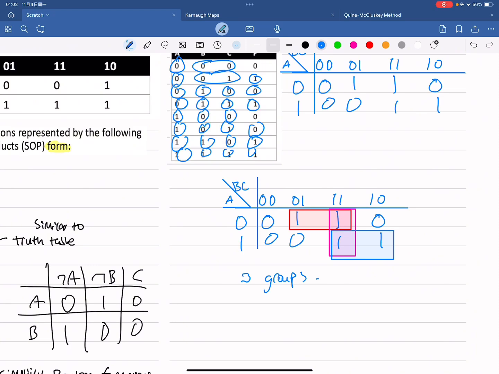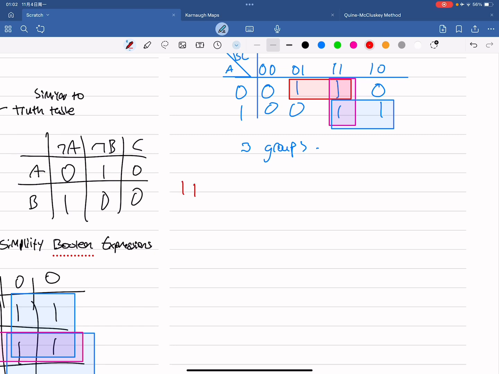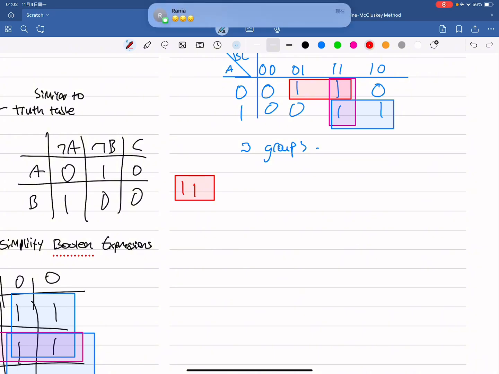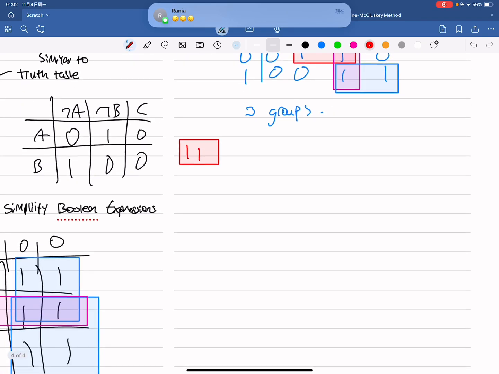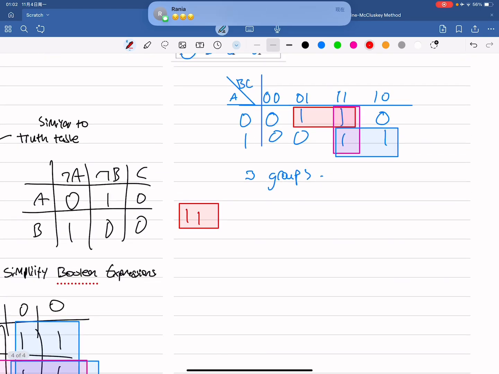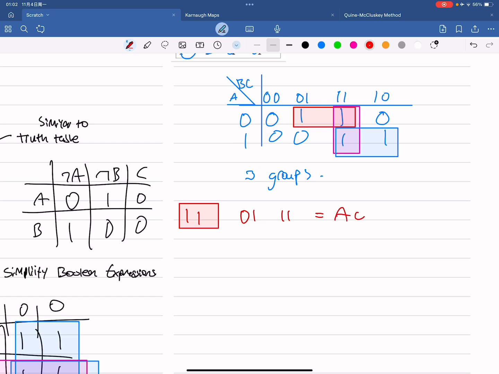So let's talk about the red group. 1 and 1 is basically saying 01, 1, 1. And that's when A is 0.